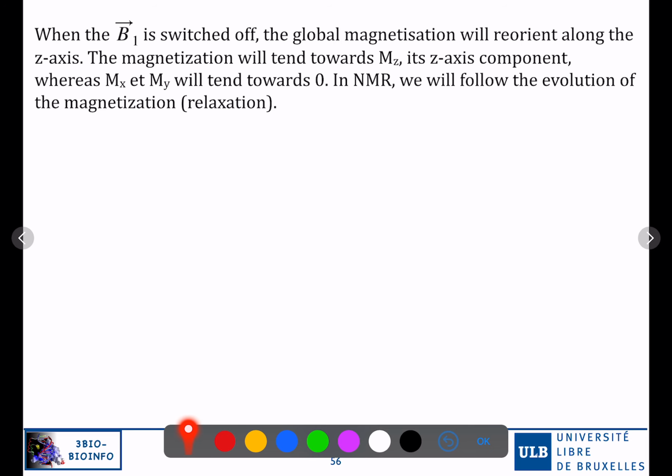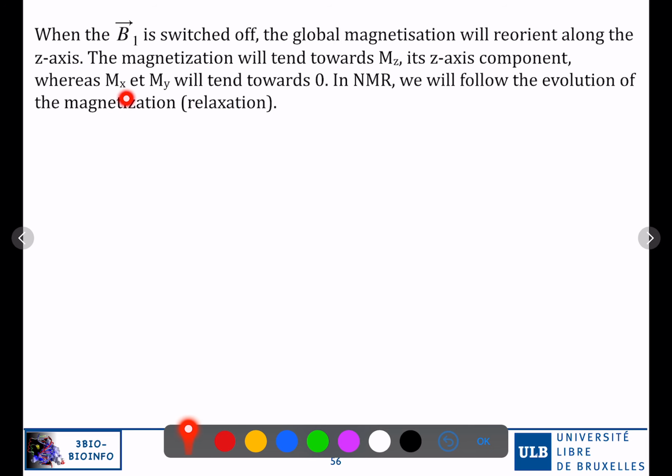And after you switch off this second magnetic field, the global magnetization will come back, will reorient again along the z-axis. And so the magnetization will tend toward Mz, the z-axis component of the macroscopic magnetization.